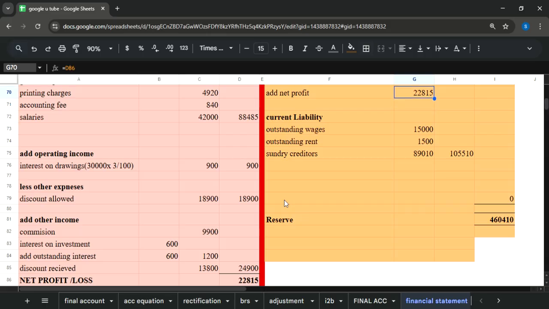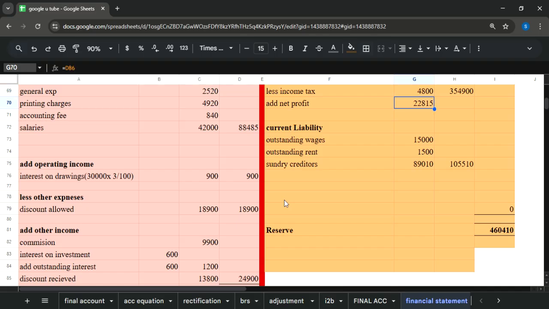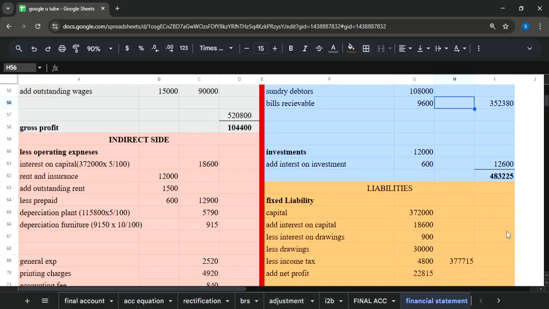So we will calculate our total of fixed liability. Once again, we will have to add net profit. 483,225, this is your answer now, and asset side 483,225.